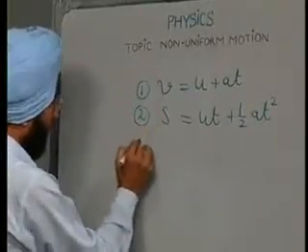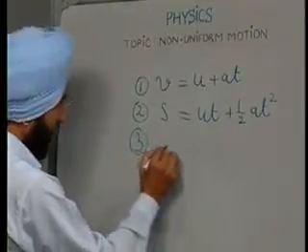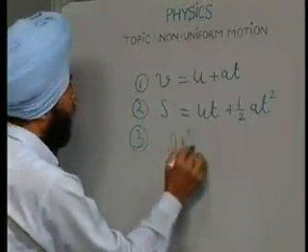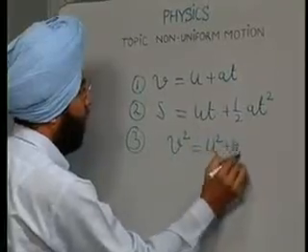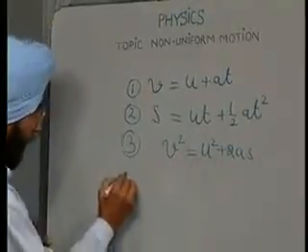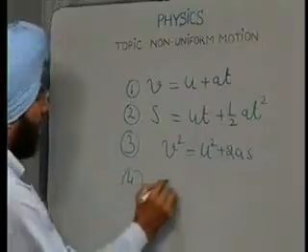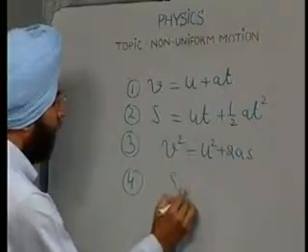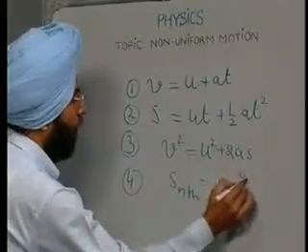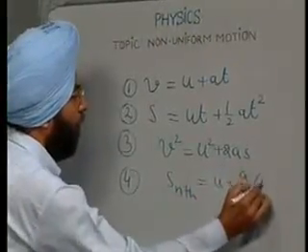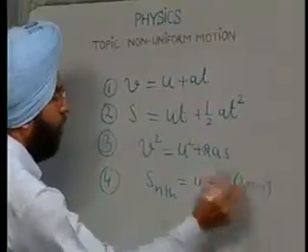Now, we will continue with the derivation of the other two equations: v square is equal to u square plus 2 a s, and s nth is equal to u plus a by 2 into 2n minus 1.